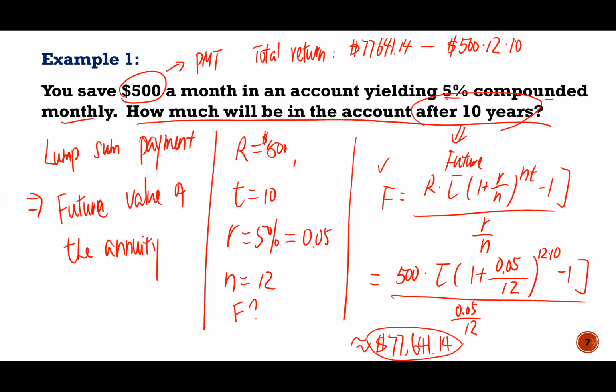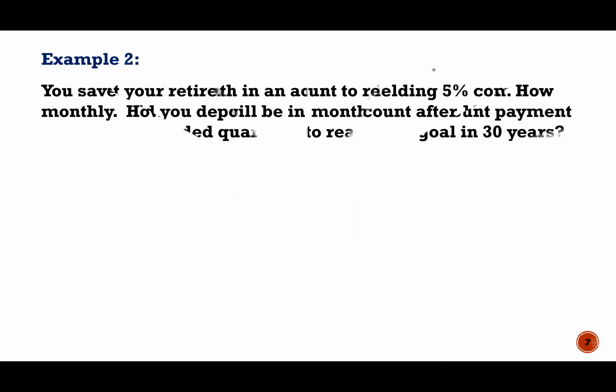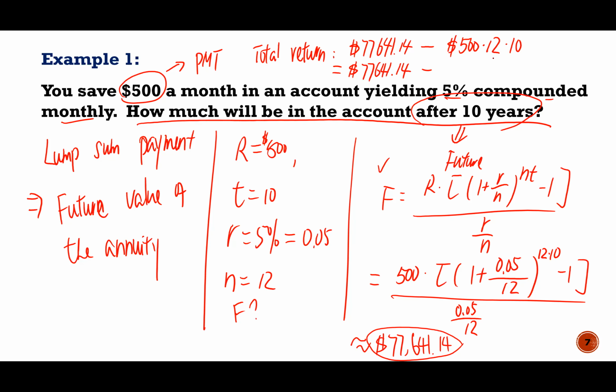So eventually the total return is $77,641.14 minus 500 times 12, 6,000, times 10, which is 60,000. That means the total return on investment is $17,641.14 in 10 years.